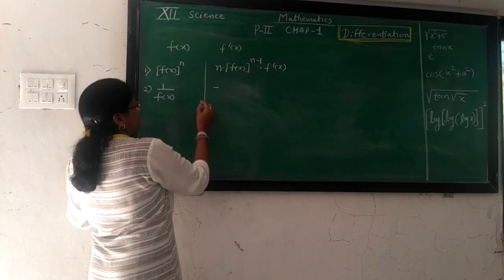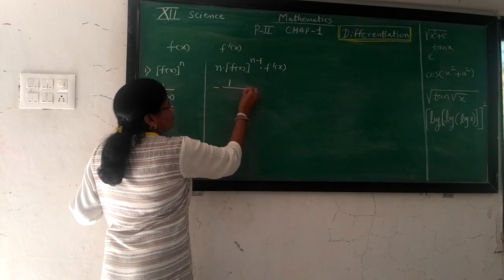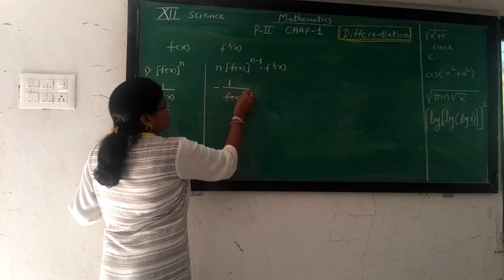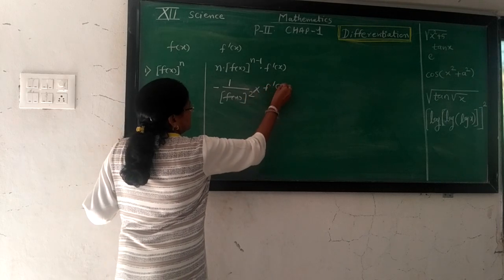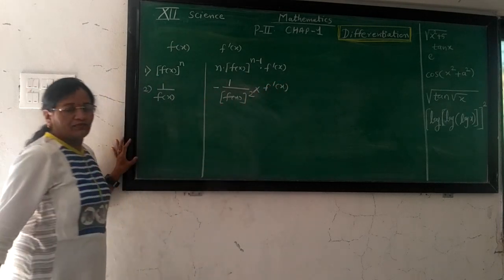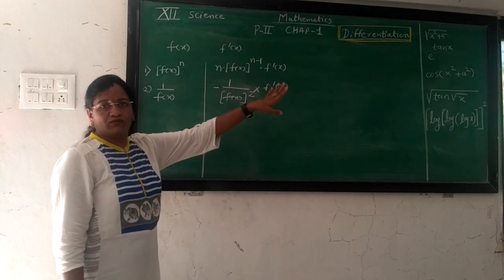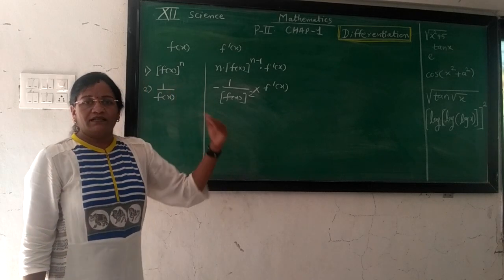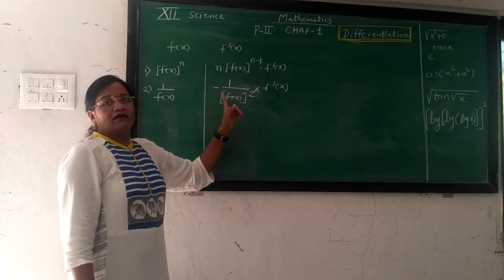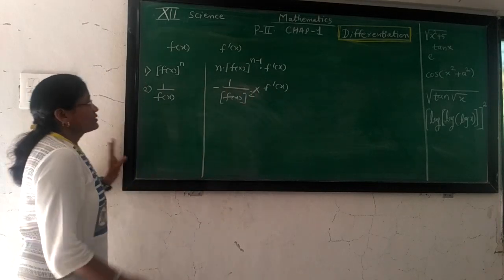By using this result, the derivative of 1 upon f(x) is minus 1 upon [f(x)] square, multiplied by the derivative of f(x), that is f'(x). This is because by using the chain rule, if y is a function of u and u is a function of x, then the derivative of y with respect to x is the derivative of y with respect to u times the derivative of u with respect to x.